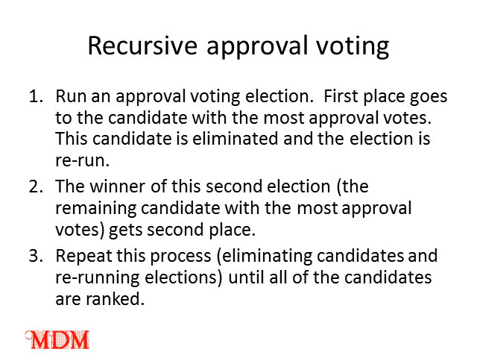The winner of this second election, the remaining candidate with the most approval votes, gets second place. And we repeat this process, eliminating candidates and rerunning elections until all of the candidates are ranked. Again, because this requires repeated elections, we're not going to look at examples of it, but I do want you to understand the recursive procedure.